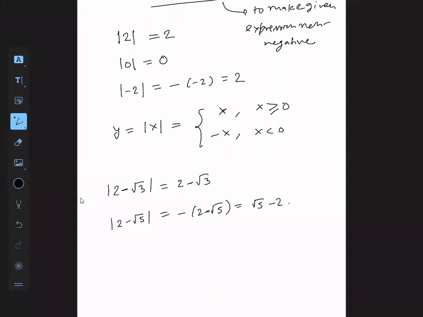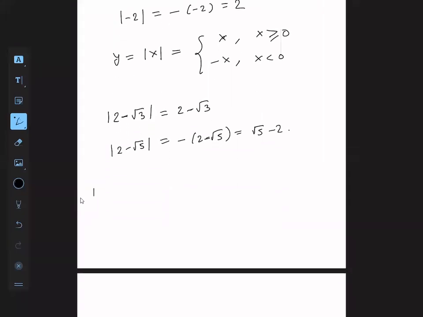I think now you all understood the basics of modulus. So let me give you some examples. If mod x is equal to 2, then what is the value of x? Modulus of which expression is equal to 2?